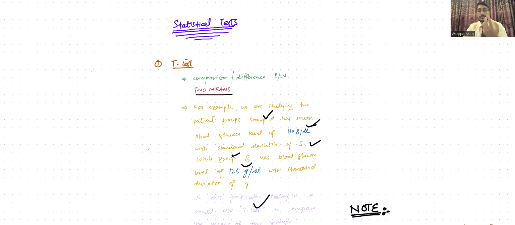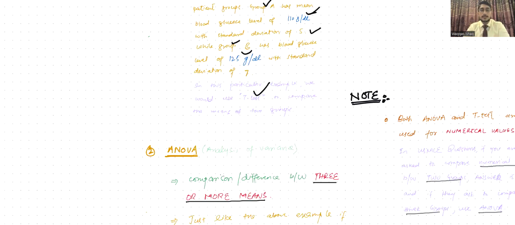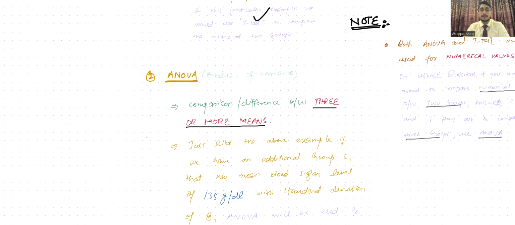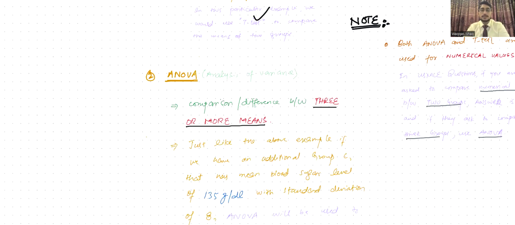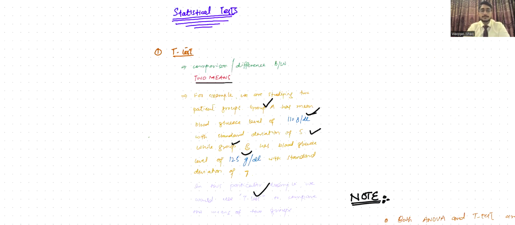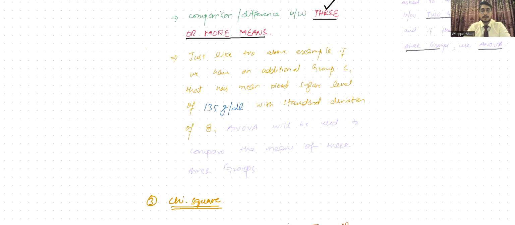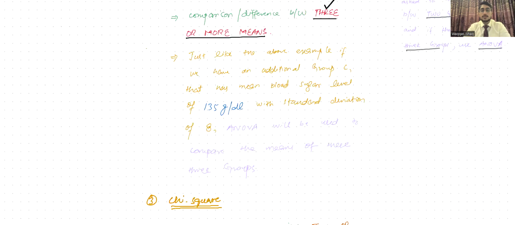In addition to that is ANOVA, analysis of variance. It's used when you're comparing three or more means. In the previous case, you were just comparing means of two groups. So for example, we had group A and B in the above example, and if we add a group C, and group C has a mean sugar level of 135.